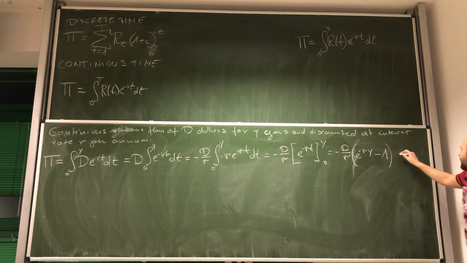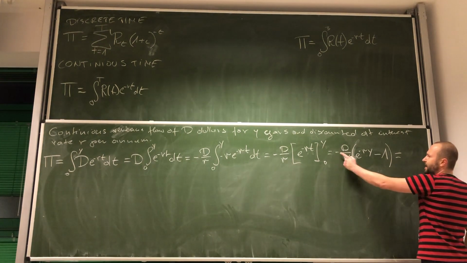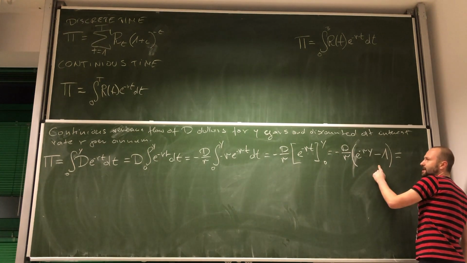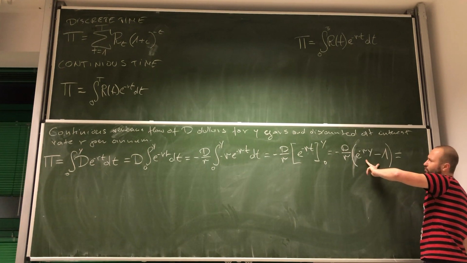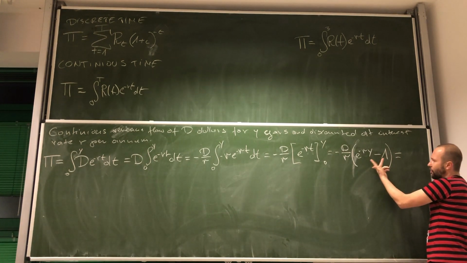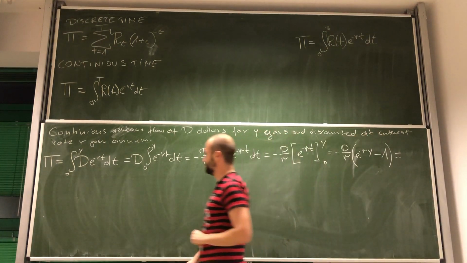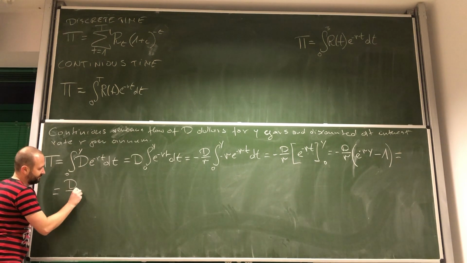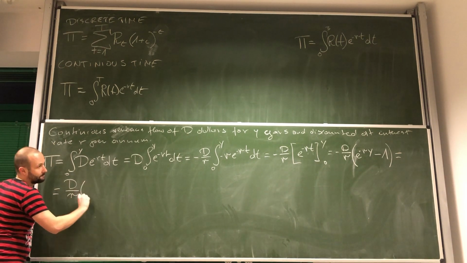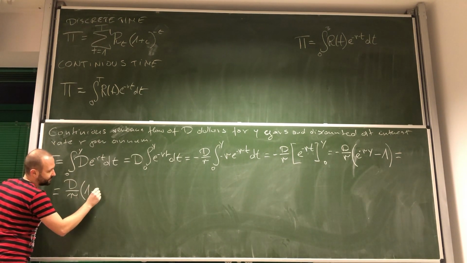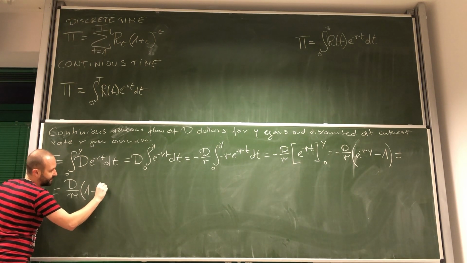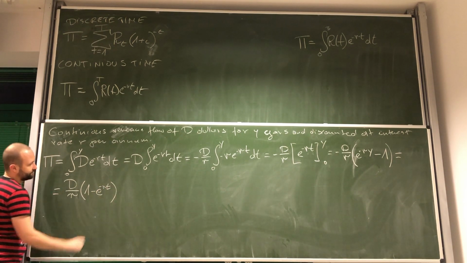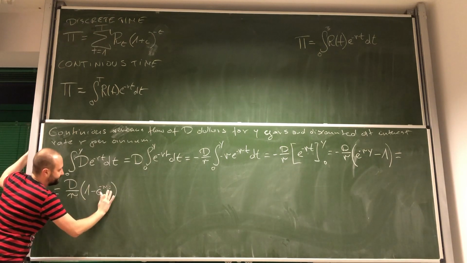Okay. We could use this formula, but it looks very unpleasant. So let me just do one thing and take this minus, put it inside the parentheses, which of course will change the order of these two expressions. So I'm getting that this is d over r, 1 minus e to the power negative ry.